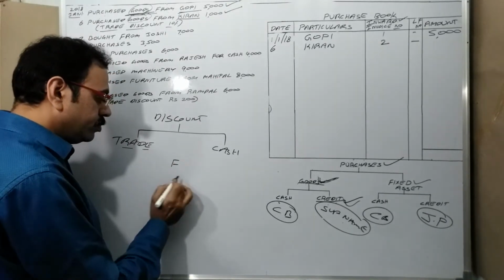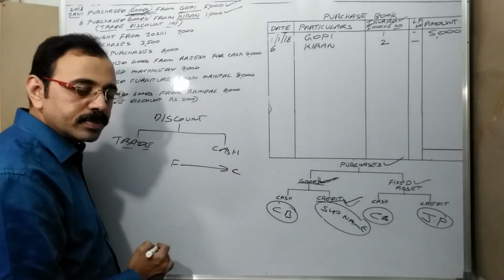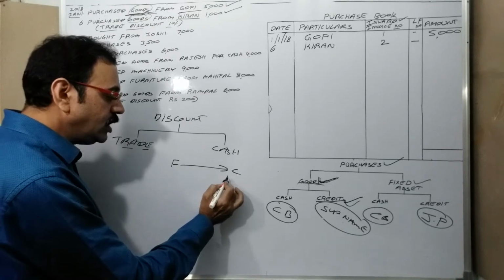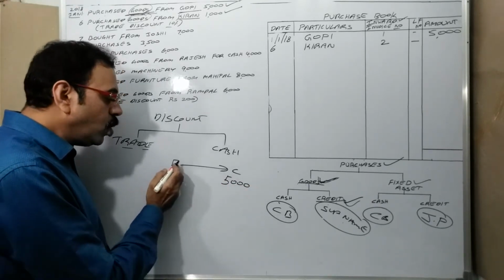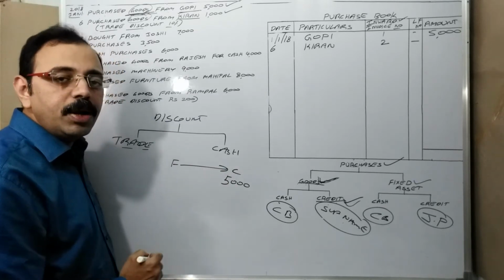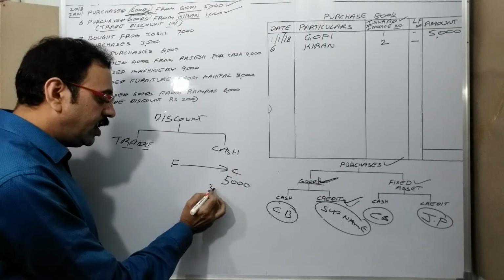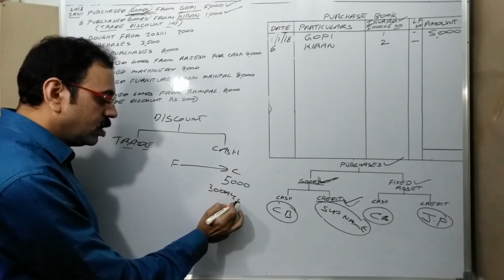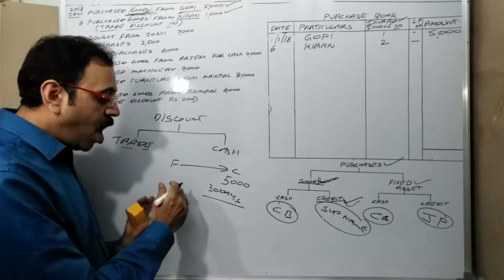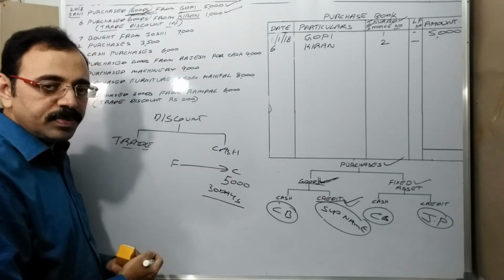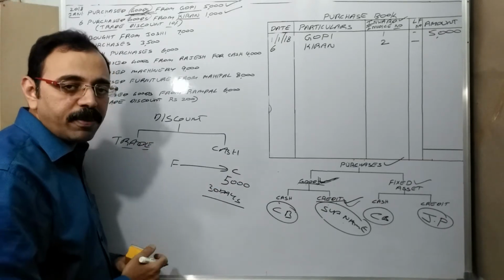Firm sold goods to customer. Goods value is 5,000 rupees and we sold to customer on credit basis. Customer asked 30 days credit period. We allowed it.